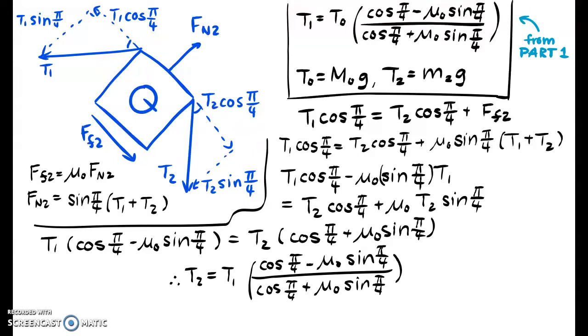Now, if we look back at the equation of the relationship between T0 and T1 that we got from part 1, the coefficients look very similar. In fact, they are the same. So once we plug in what the relationship between T1 and T0 is, we get T2 equal to T0 times the same coefficient squared.